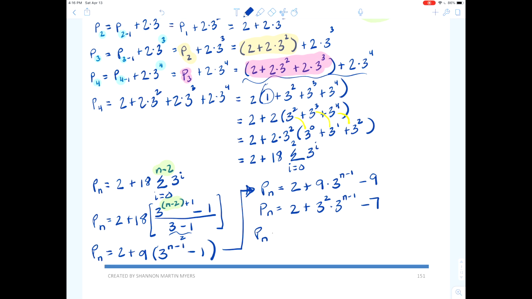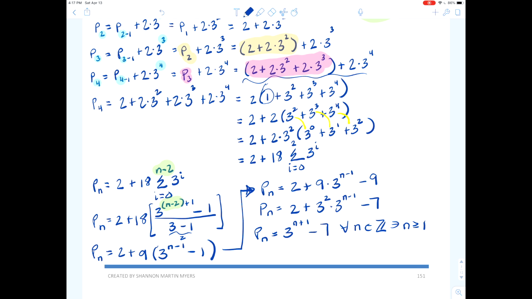So at the end of the day, our p sub n will be 3 to the n plus 1 minus 7. Cool? And that would be for any n which belongs to the set of integers such that n is greater than or equal to 1. So here we've taken this from something that is defined recursively to something that is explicit.